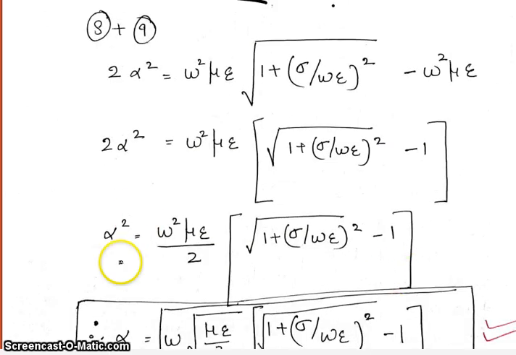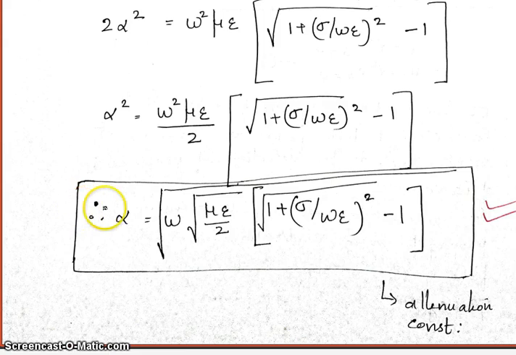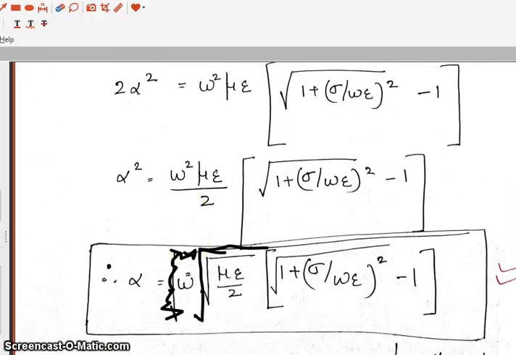From that, what is alpha square? That is 1 by 2 into the whole term. So finally, alpha will be equal to omega into the square root of mu epsilon by 2 into the square root of 1 plus sigma by omega epsilon the whole square minus 1.